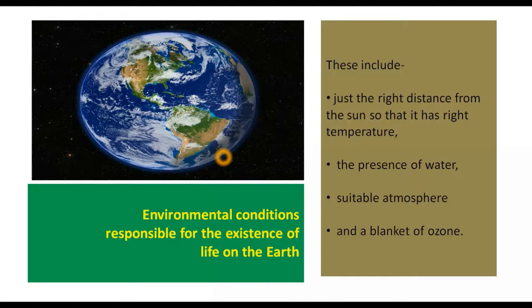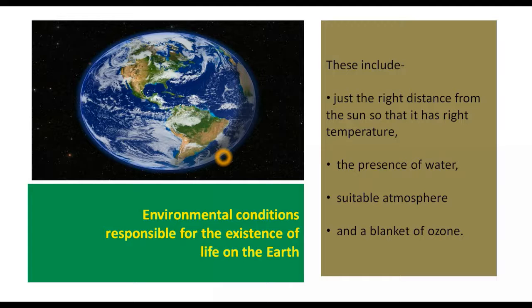And the first thing which I just told you is the distance of Earth from Sun. So actually, the distance of Earth from Sun is such that it has the correct temperature range for the existence of water and the survival of life.